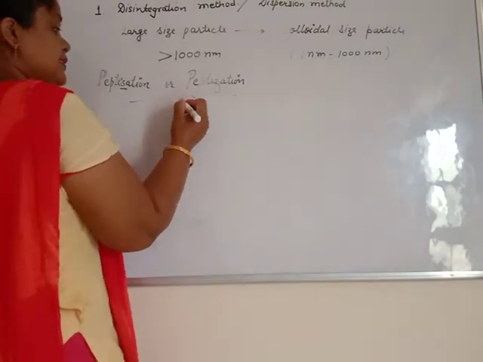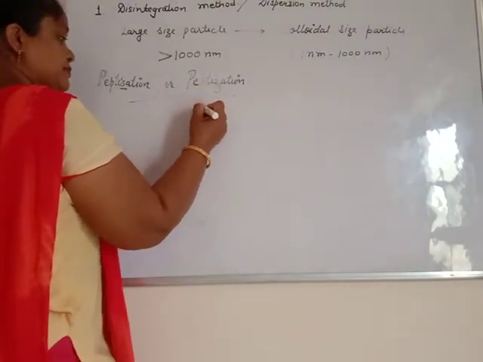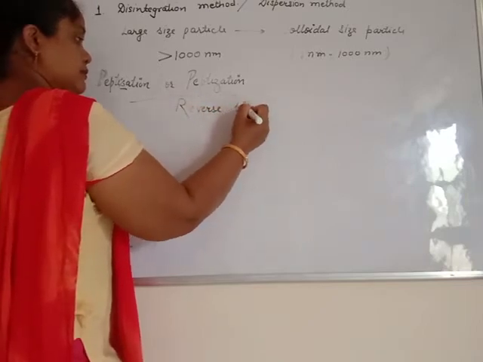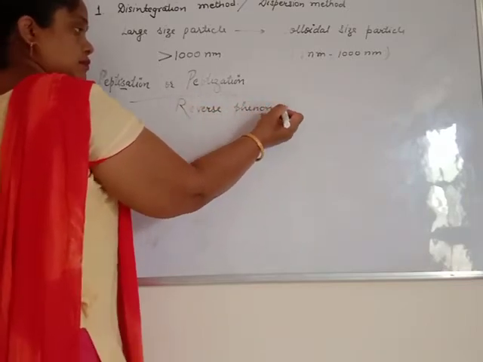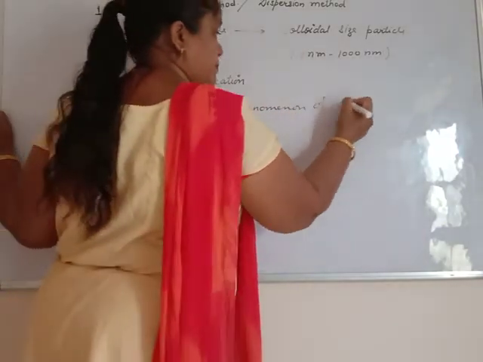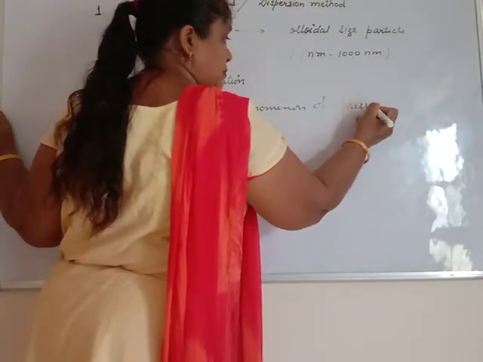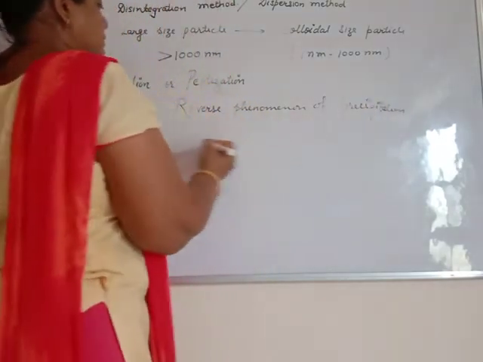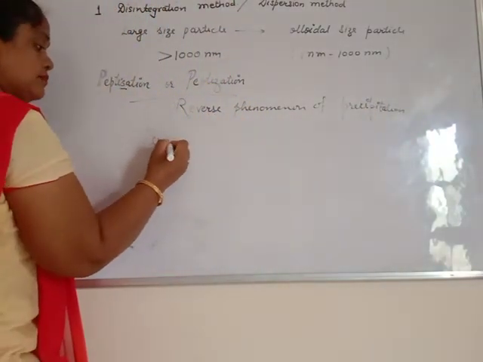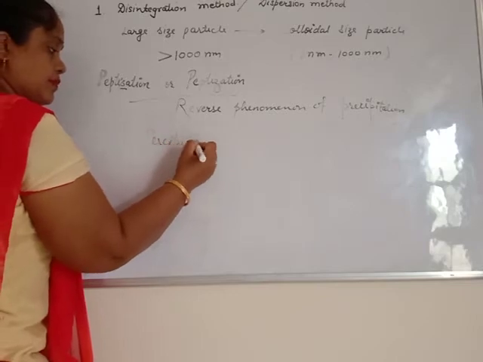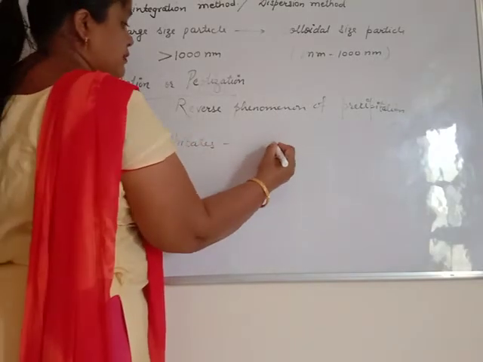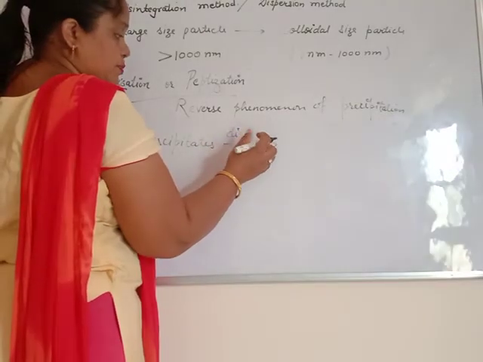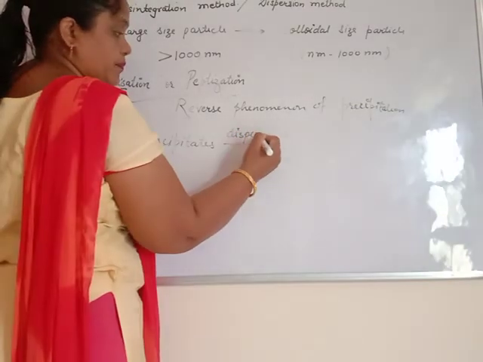Beta, in this case it is the reverse phenomenon of precipitation. It means that precipitates are dissolved in dispersion medium.